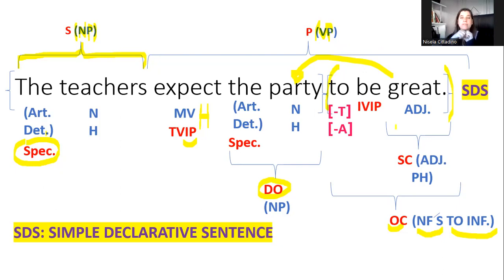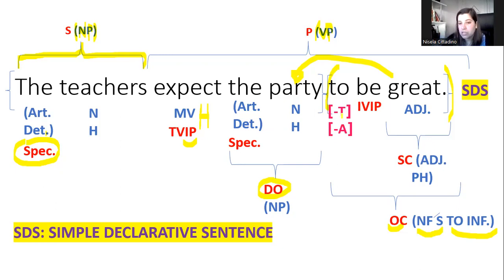It's as if this were an island. Imagine that the sentence is a country that has two provinces. So we have to see the population of one province and then the population of a different province. So we have already seen the population of the first clause, the teachers expect the party. Now we're going to see what's inside the second clause, the second province, to be great.